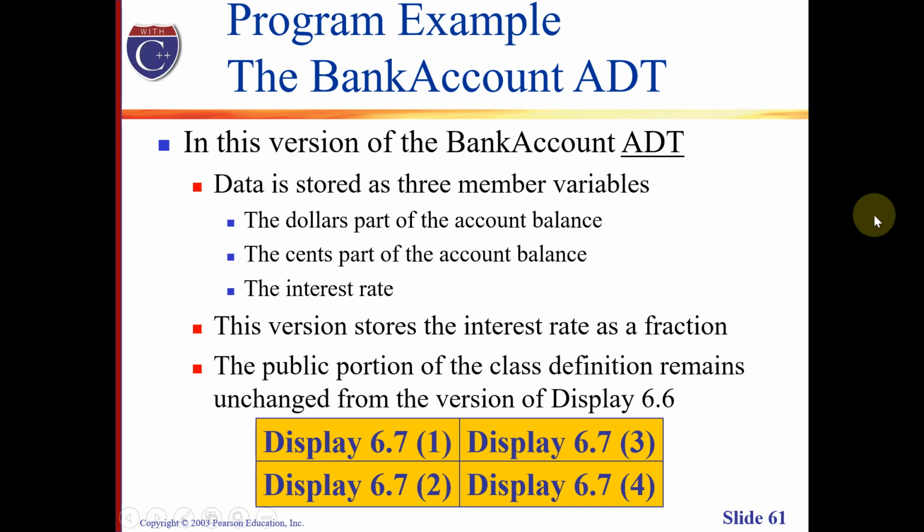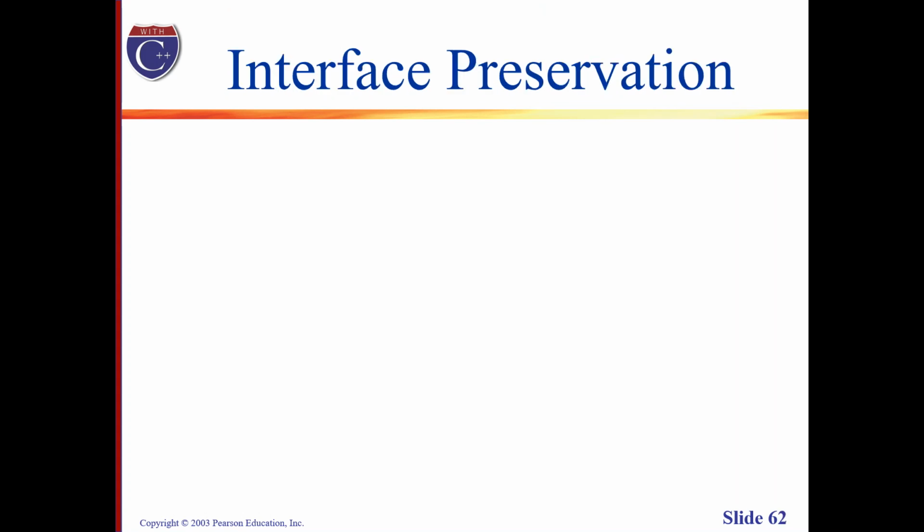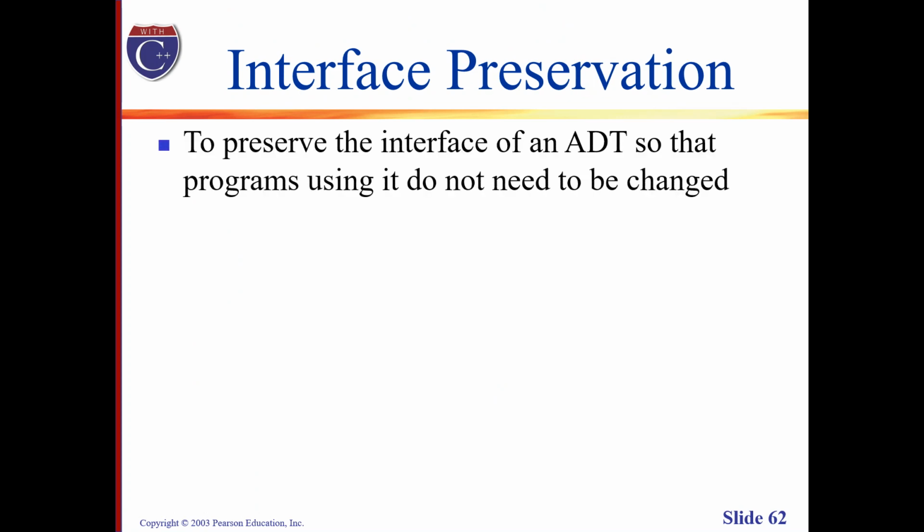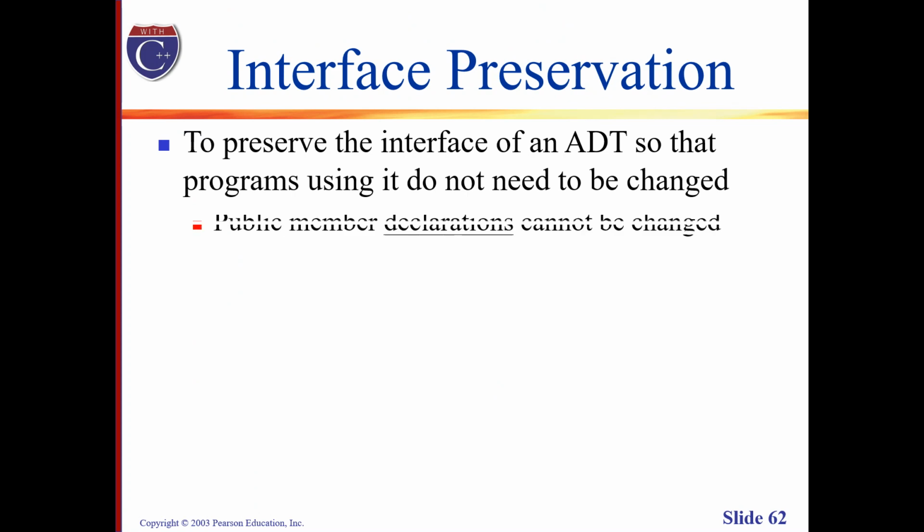By doing so, where we keep the public portion of the class definition unchanged, we have concepts such as interface preservation. But what is interface preservation? In this concept, we would like to preserve the interface of an ADT so that programs using it do not need to be changed.